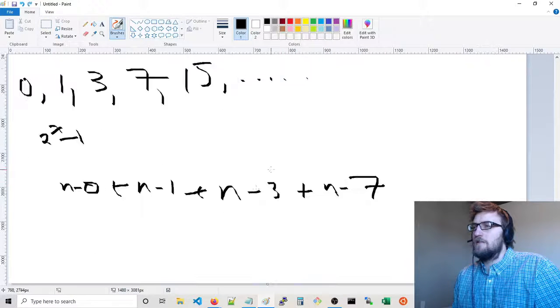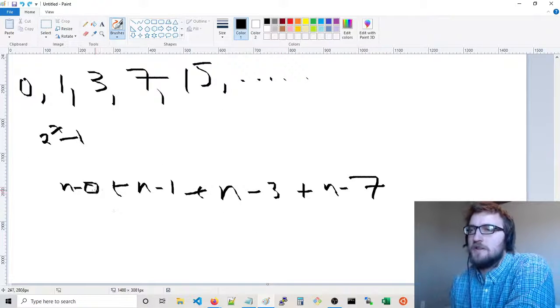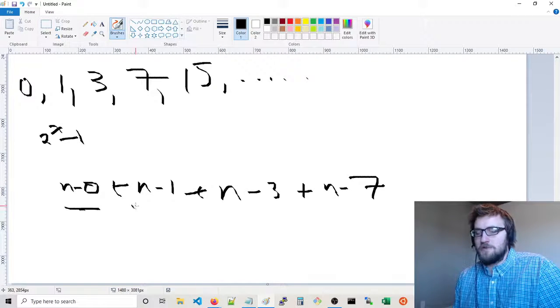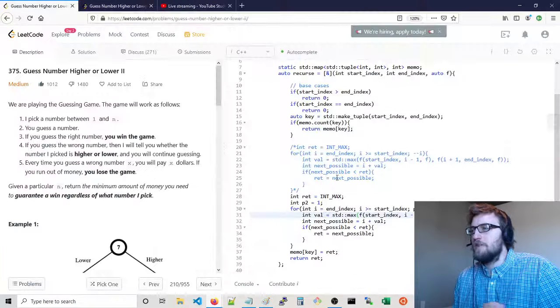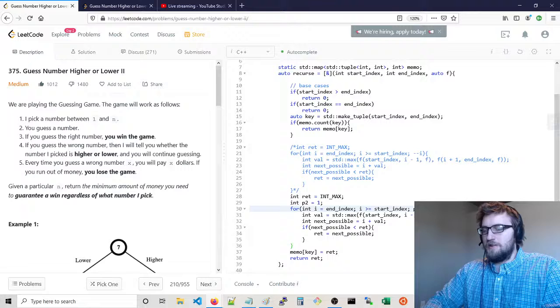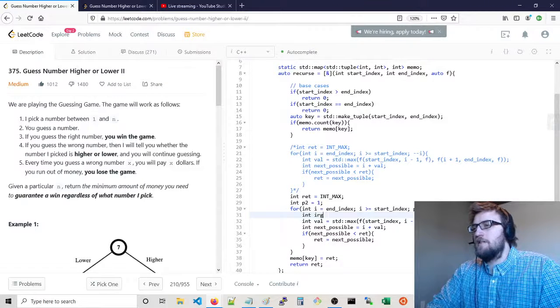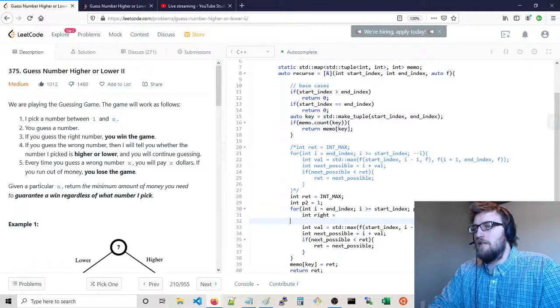Yeah, that's the sum. We can compute that sum as well. And then we actually don't add this one, so it's just these numbers. So we'll say int right and left.